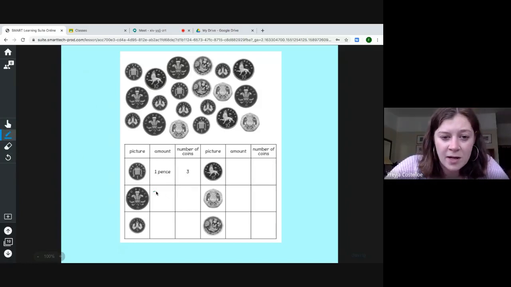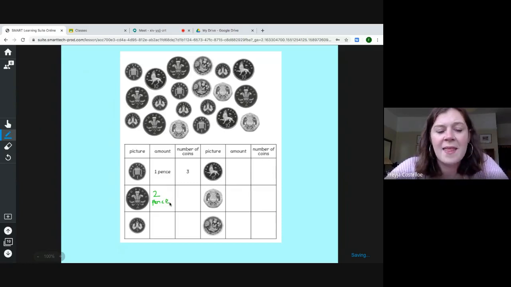So I'm going to write 2, and I'm writing on my computer, so my handwriting's not going to be perfectly beautiful, but I know you will always put beautiful writing in your books. 2 pence, and then I'm going to have a look at the coins and see which 2p's I can see. So that one, no. Oh, that one, yeah, there's a 2p, so that's 1.